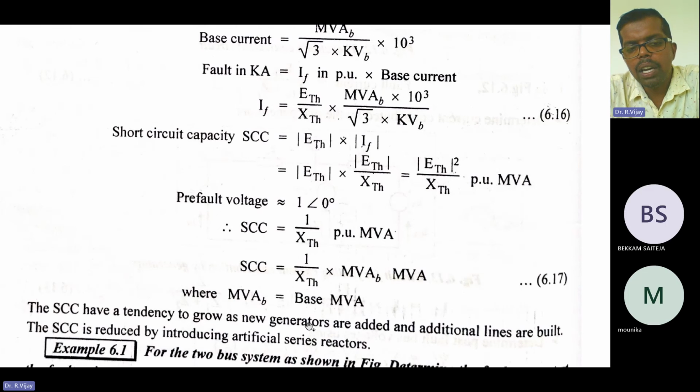So if you want to reduce it, you need to add series reactors in the line. That is also possible. This calculation plays a major role whenever we are adding new generators as well as additional lines in particular transmission lines.